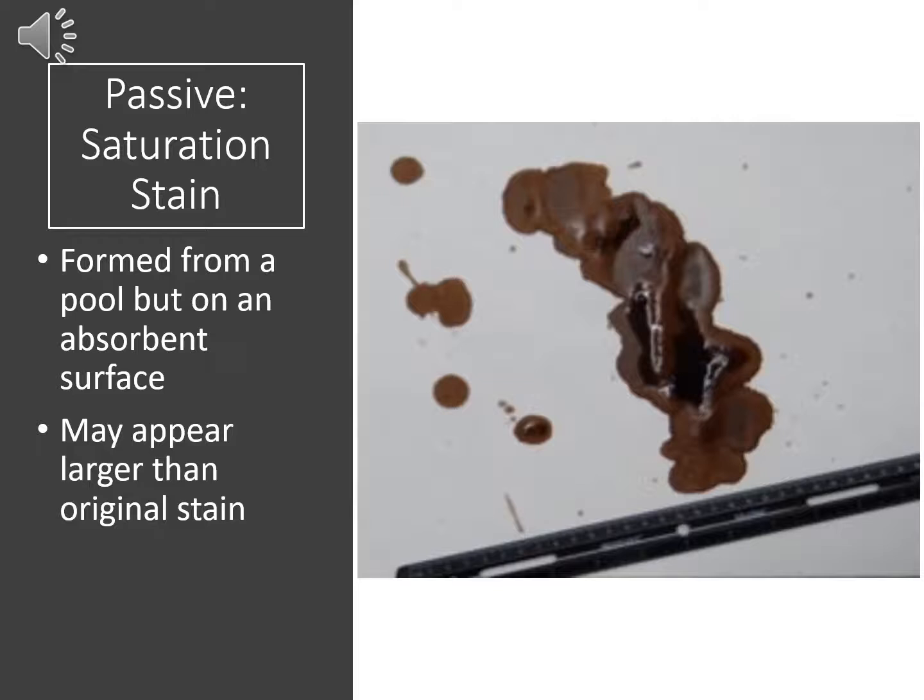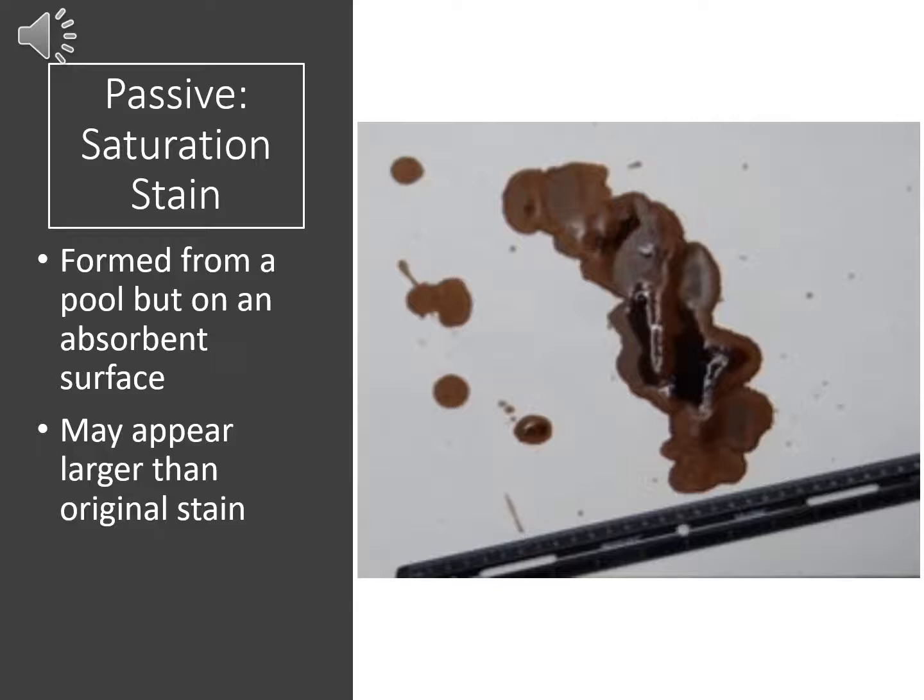And here we see a passive saturation stain, which is similar to the pool, so it probably formed from a pool of blood. But whereas the previous slide had the pool of blood on a non-absorbent surface, a saturation stain is a pool that forms on an absorbent surface and then is absorbed into that surface.